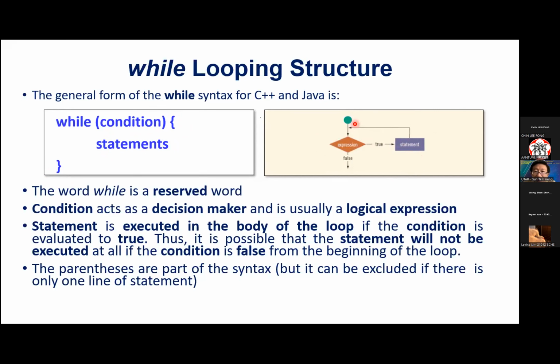As you can see, this will continue to repeat itself until the condition here is false, and then the while loop will terminate and you'll come out. Okay, you'll perform the rest of the program. So you can see here, for this type of while loop, we have to first check the condition. All right, depending on the condition, is it true or is it false?